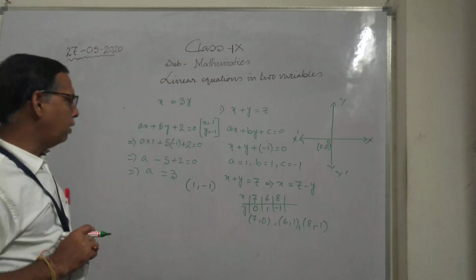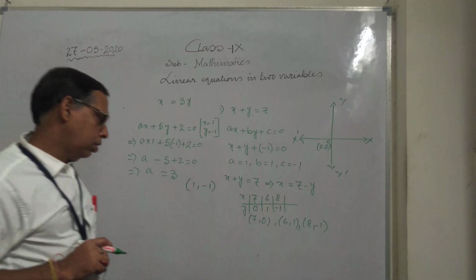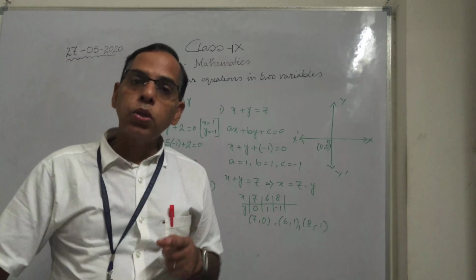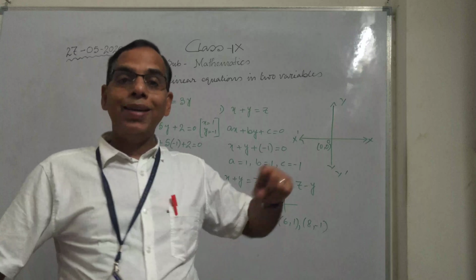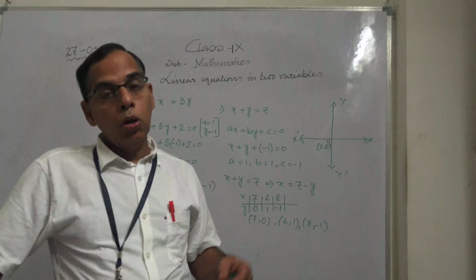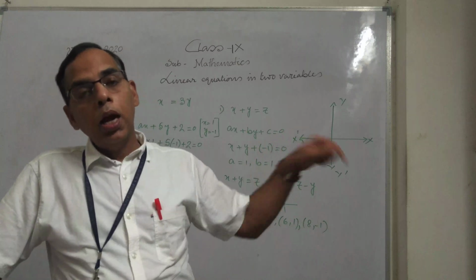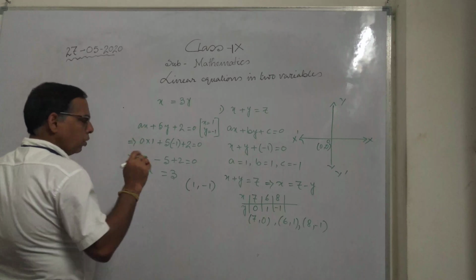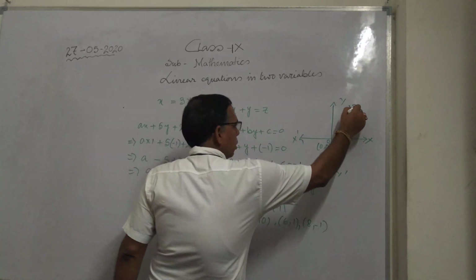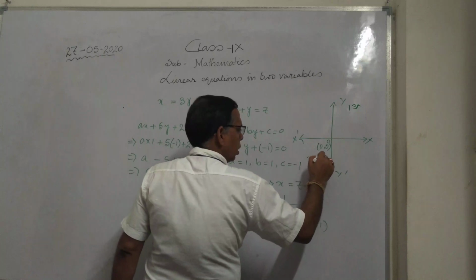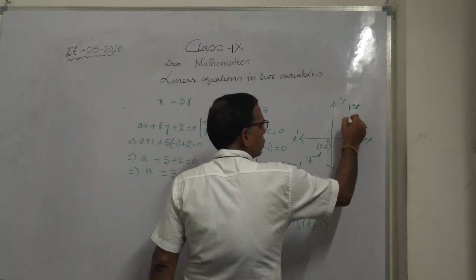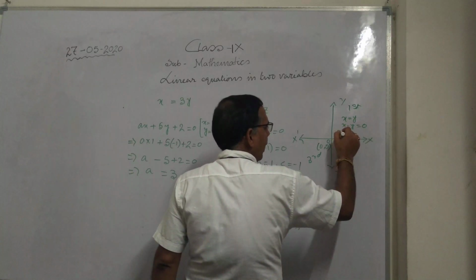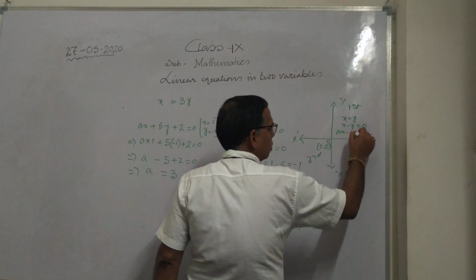The next we studied is under what condition a linear equation in two variables will pass through the origin as well as the first and third quadrants, and also the second and fourth. The line will pass through the first and the third if x equal to y, x minus y equal to 0, or ax minus by equal to 0.